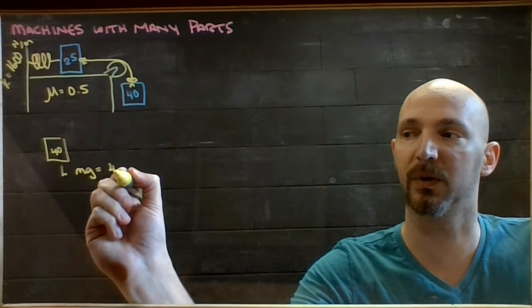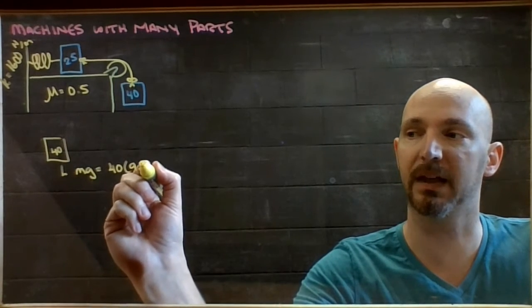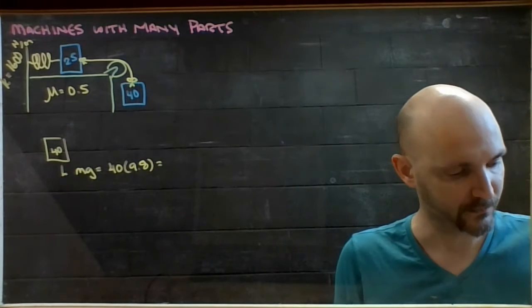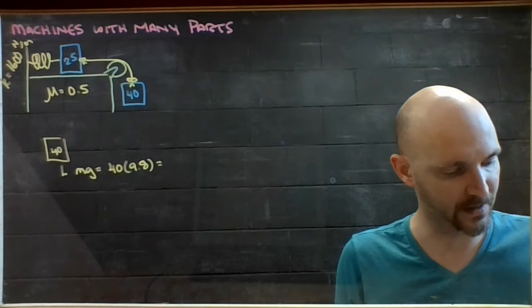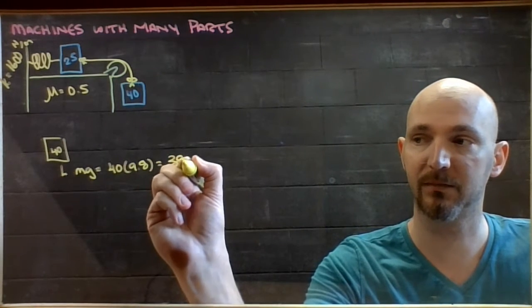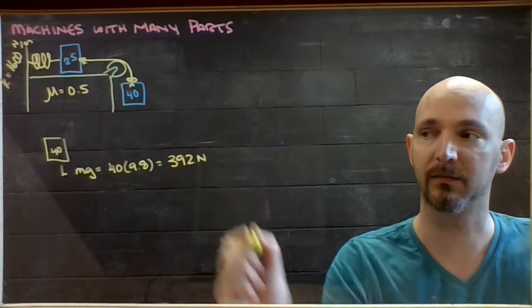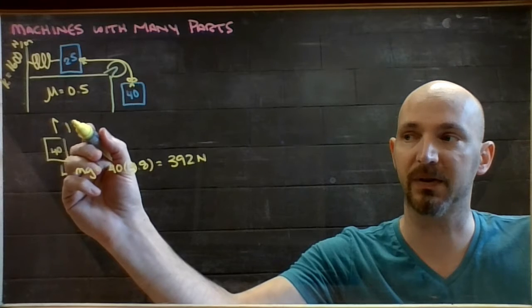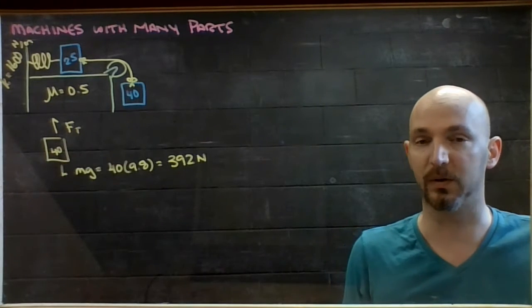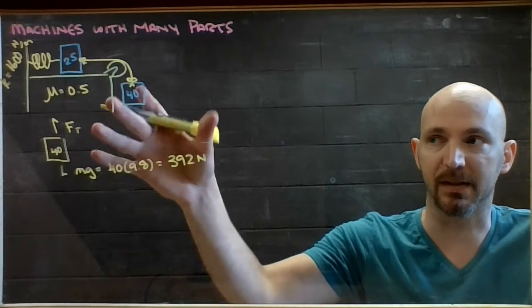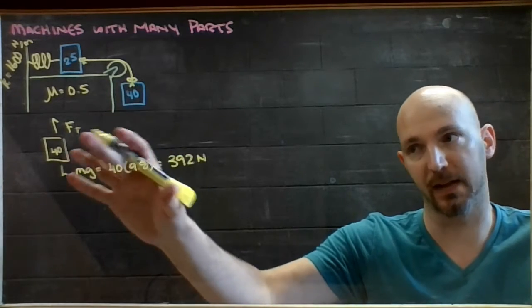So it will be 40 times 9.8, which gives me 392 newtons. And then there'll be a force of tension pointing that way, holding it up. Whether it's stuck or not will determine the size of that, so we're just going to leave that for a minute.